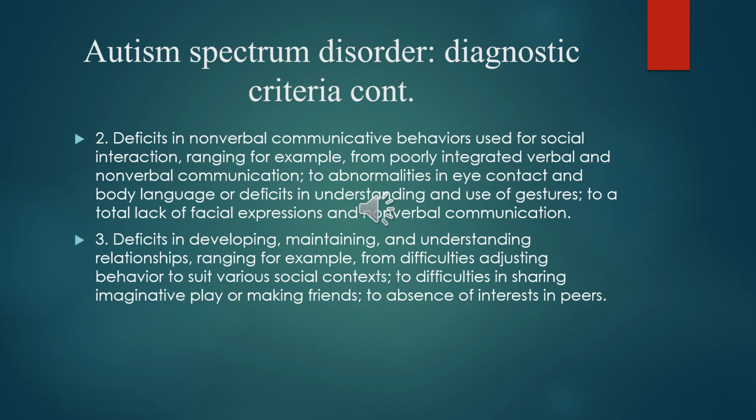Number 3, deficits in developing, maintaining, and understanding relationships, ranging, for example, from difficulties adjusting behavior to suit various social contexts, to difficulties in sharing imaginative play or making friends, to absence of interest in peers.